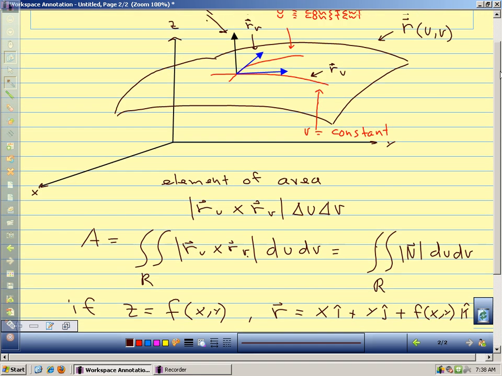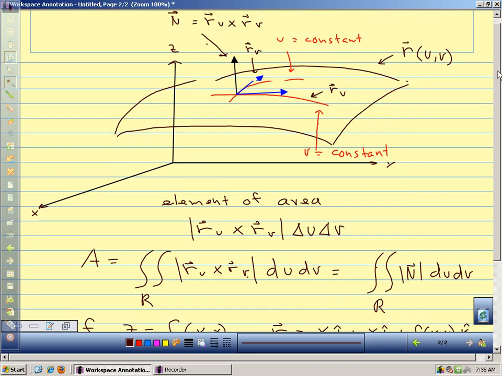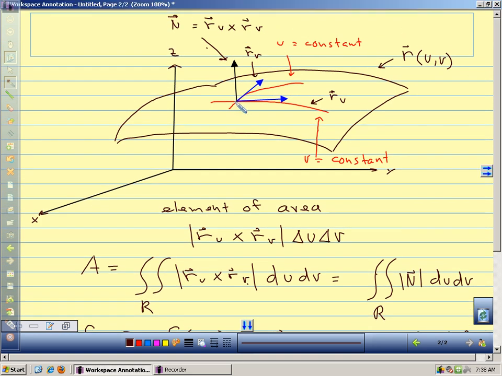At a point, we can find a normal vector, and the normal vector gives us our direction numbers for our tangent plane. So we can write the equation of a tangent plane at a point for a parametric surface. And the normal vector of a surface is going to play a big role in what we do at the end of the chapter. Questions?